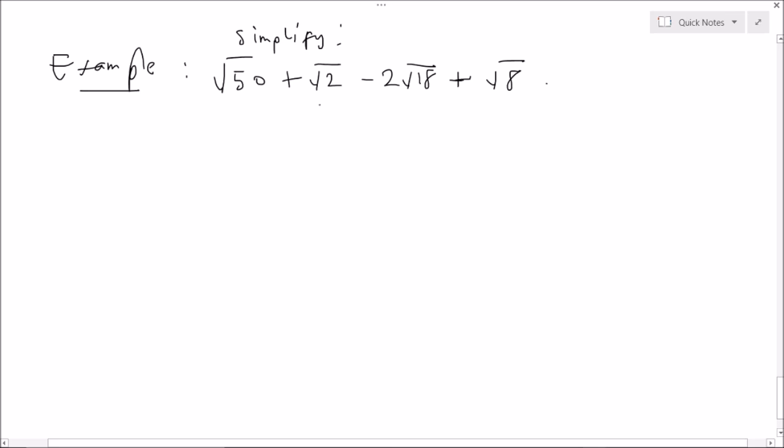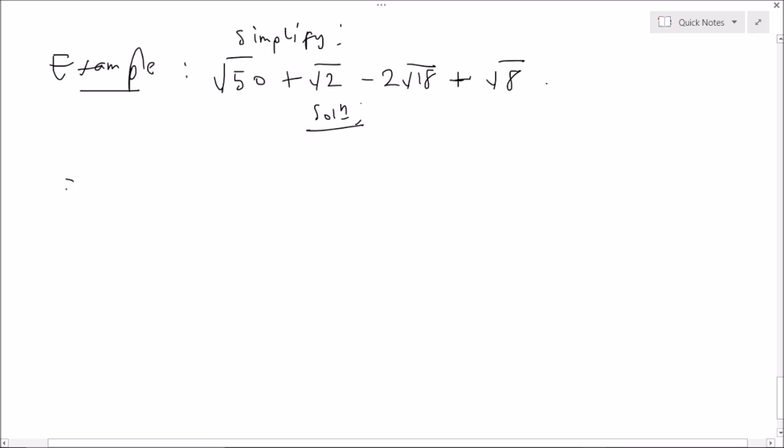Example, solution. Now, to simplify this expression, what we have to do first is to simplify each of the terms. We will simplify root of 50, then root of 18, then root of 8 as follows.